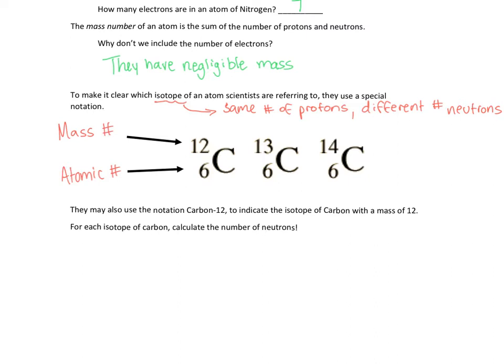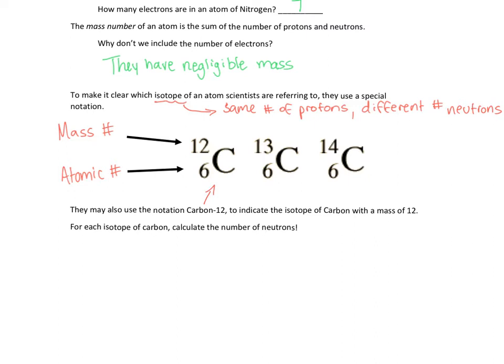Okay, so mass number is protons plus neutrons. 6, 12, 6, 13, 6, 14. But you could also call it, instead of C with a 6 and a 12, just carbon 12. Okay.